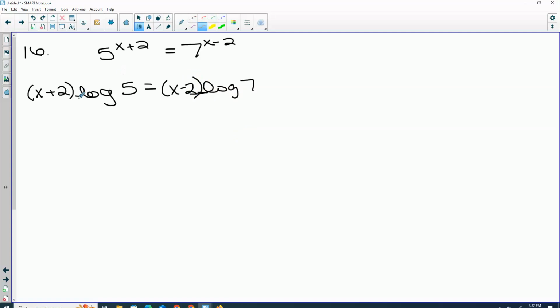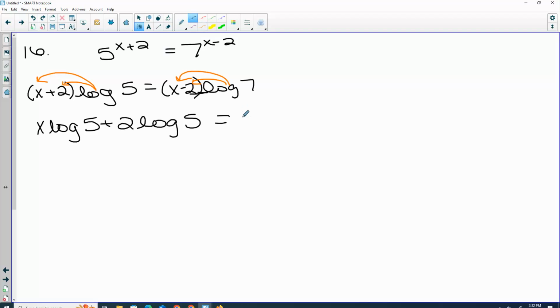Log 5 is just a number, so we can distribute that. When you do, the x is just going in front of my log. So this is x log 5 plus 2 log 5. Over here, x log 7 minus 2 log 7.